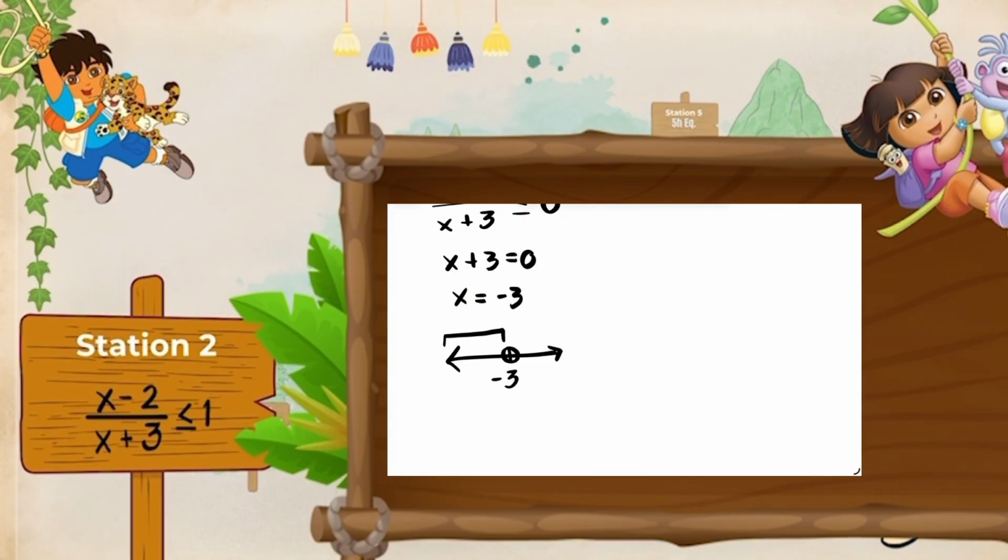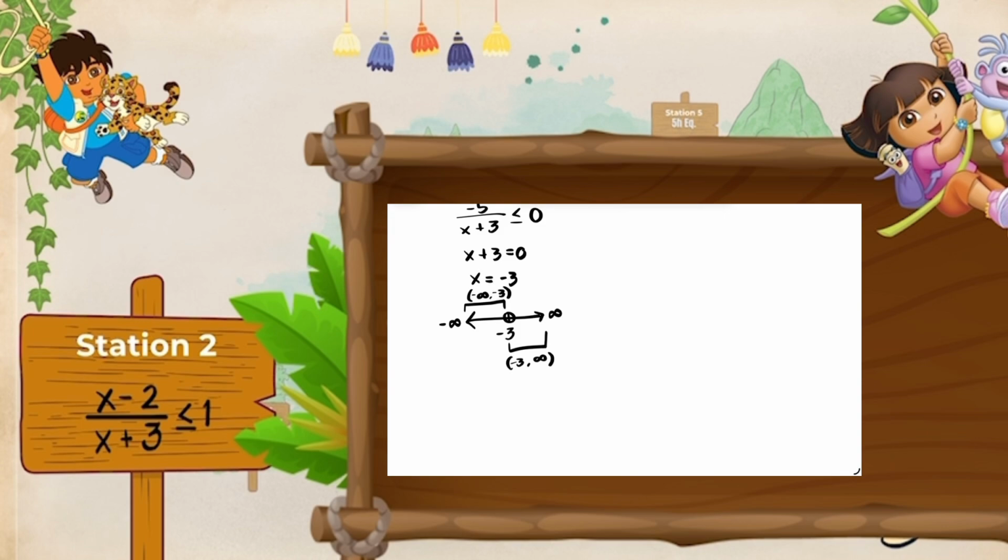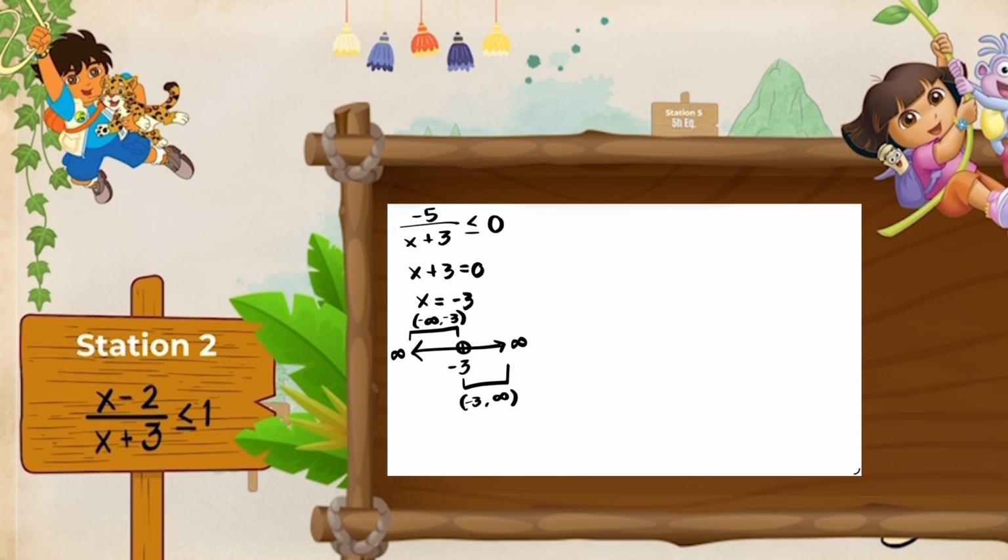Then we get the ordered pairs: negative infinite, negative 3, and negative 3, positive infinite. Now, let's think of a number in between those ordered pairs.